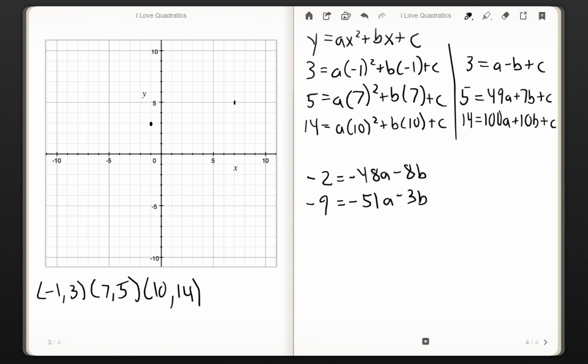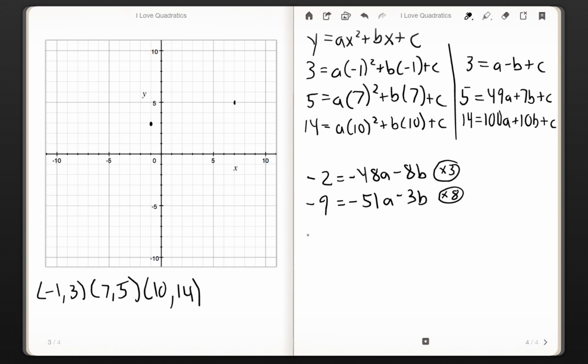So now this is a little bit harder because these numbers here don't exactly go with each other very well. But let's see, we want to find a lowest common multiple for 48 and 51 to get the same number of a's, or the same number of b's by finding the LCM for 8 and 3. Well, 8 and 3 is obviously going to be a lot easier. What is the lowest common multiple of 8 and 3? It's 24. So to get to 24b, we're going to multiply this equation times 3 and multiply this equation times 8.